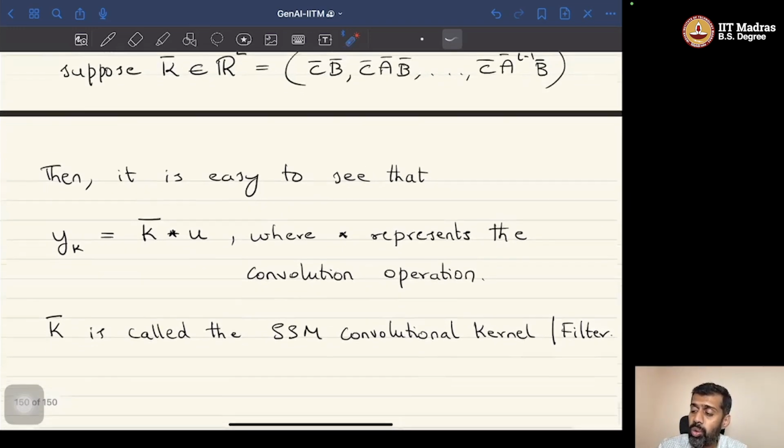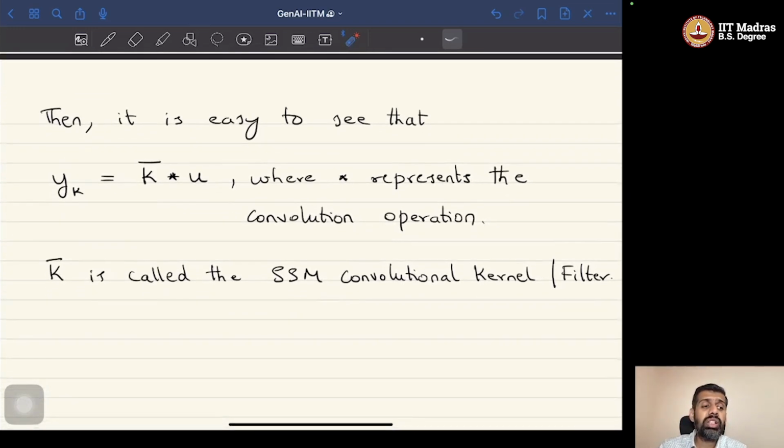Now the whole point of getting into an alternative framework to transformers was to see if we can handle longer sequences with computational ease. The point of representing the output sequence in an SSM in terms of convolution is that, from signal processing principles, one knows that convolution in the so-called time domain or sequence domain is equivalent to multiplication in the frequency domain.